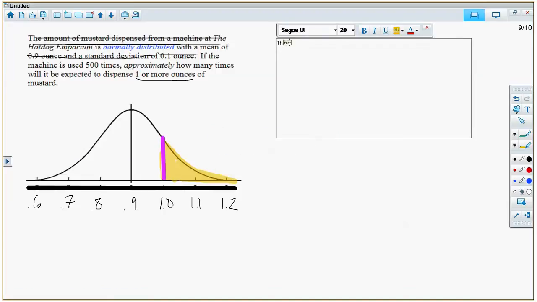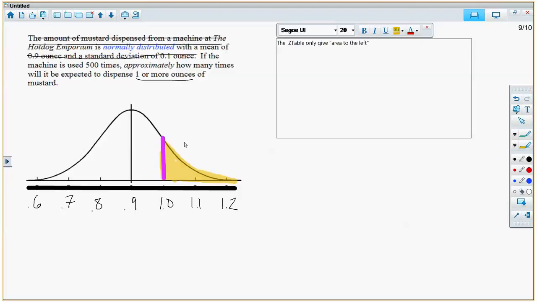The Z table only gives you the area to the left. The Z table only gives you this area over here, the area to the left of your mark.